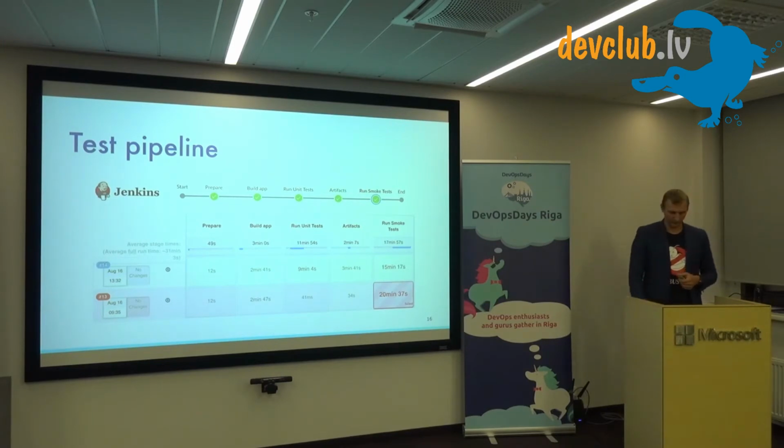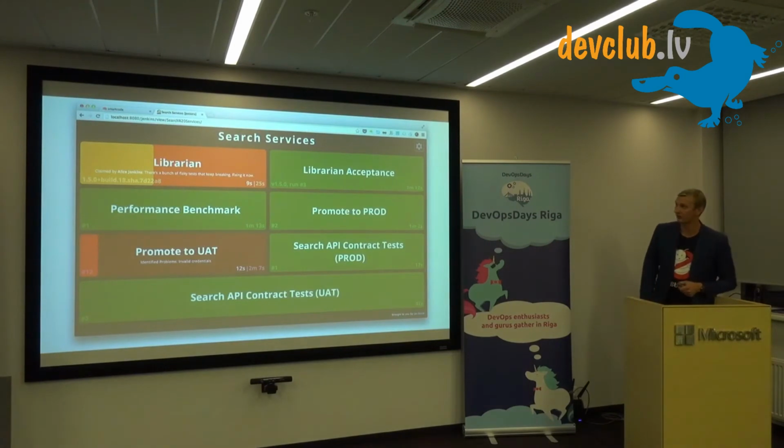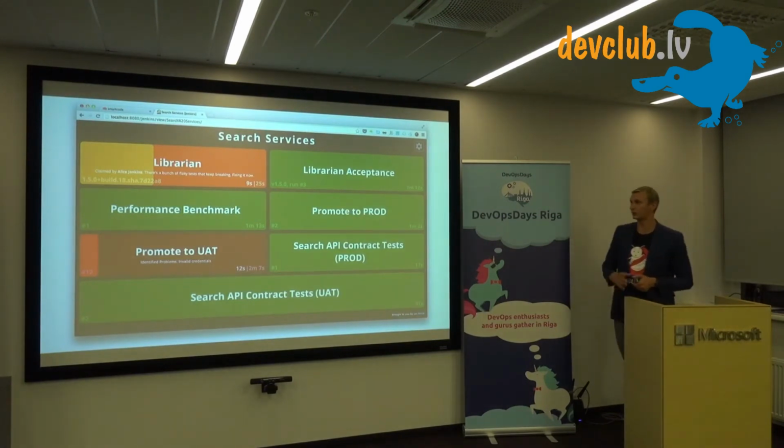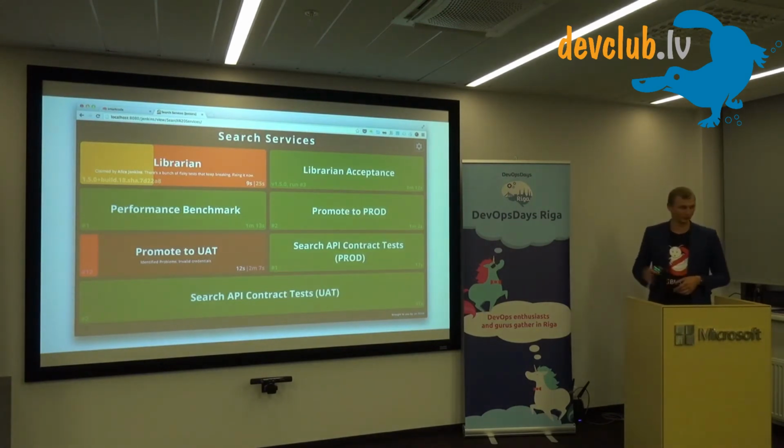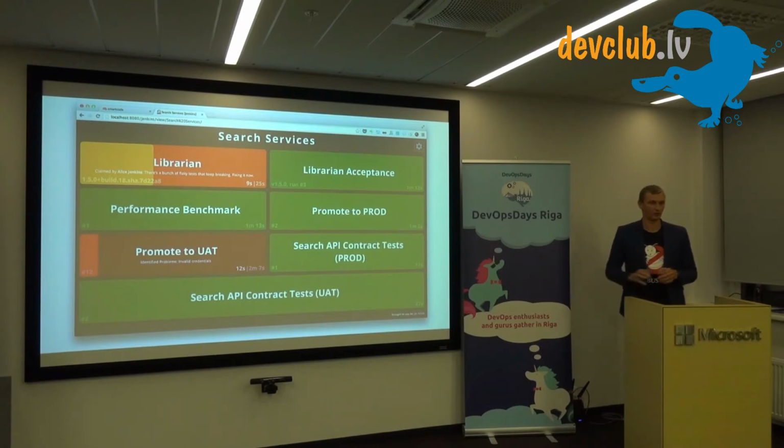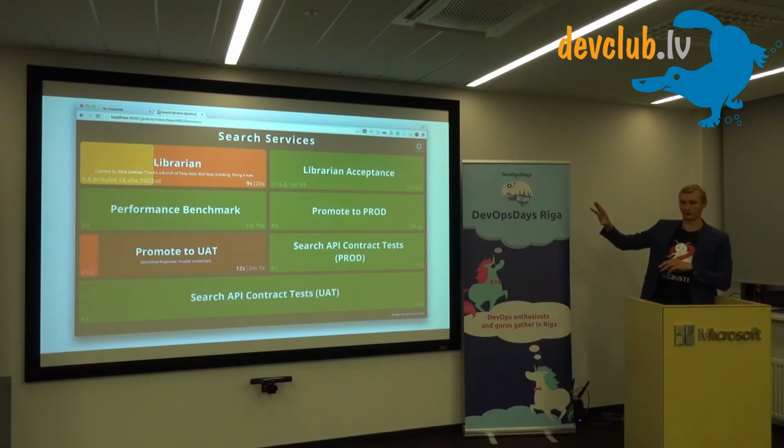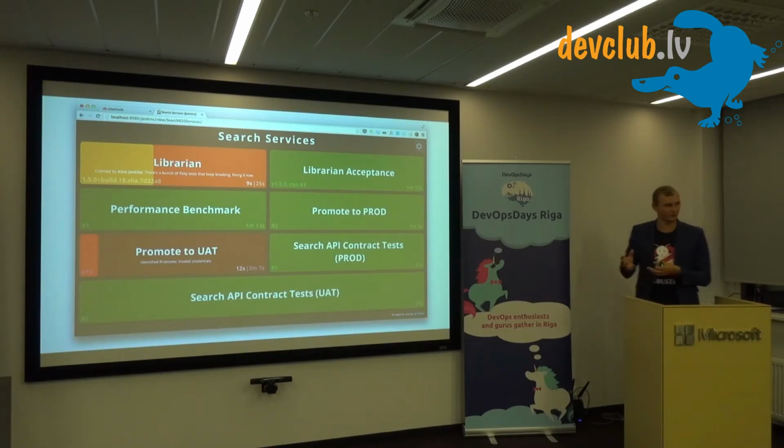And when we have the system created, we are monitoring it. This is a screenshot taken from Jenkins, and basically this is how we are monitoring our jobs. Let's say this is an Android project, and each field is a separate branch, and we can see the status of each branch.